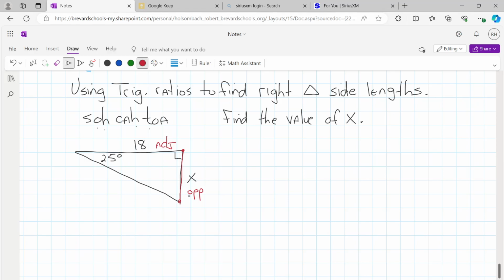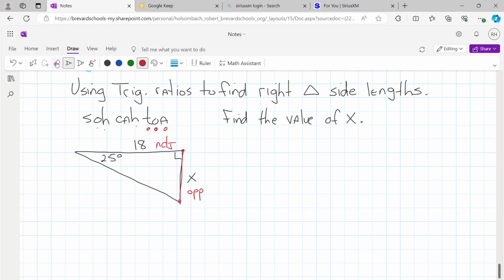Label them. Then you ask yourself, which ratio deals with opposite and adjacent? Tangent? Doesn't tangent equal opposite over adjacent?